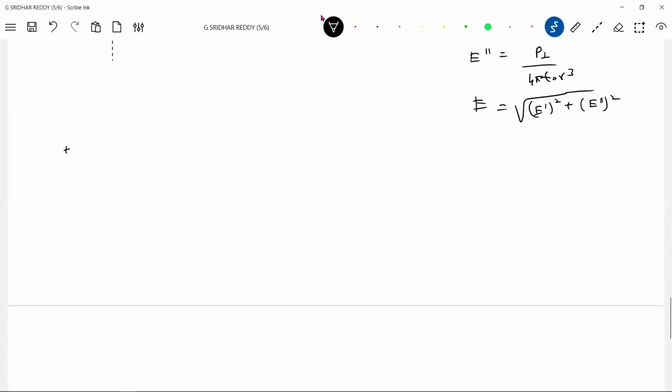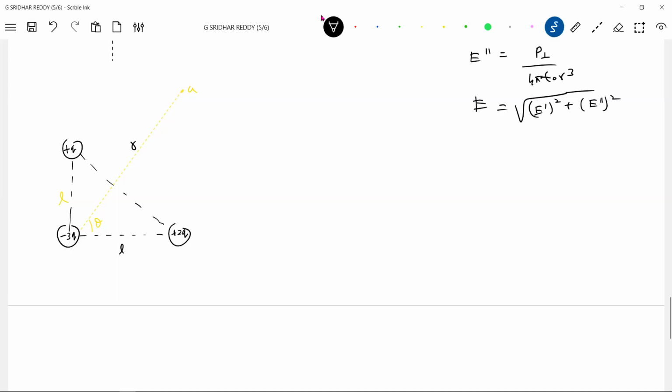There's a charge plus Q, and it is asking to find the dipole moment, somewhere here where this will make an angle theta, where this R is very much greater than L. I'll write it.